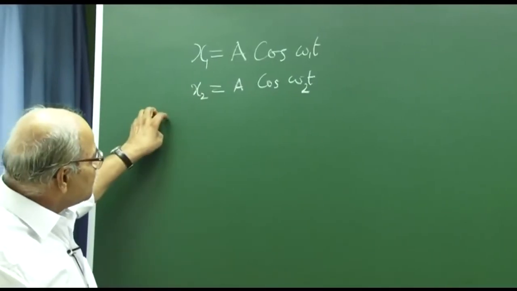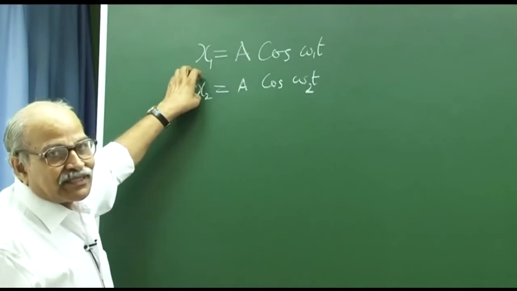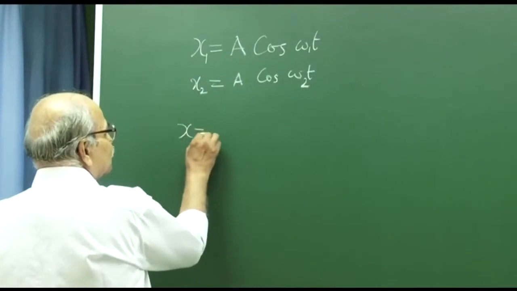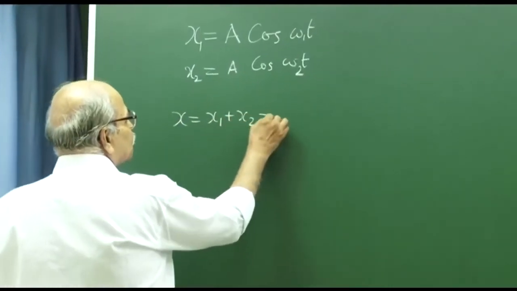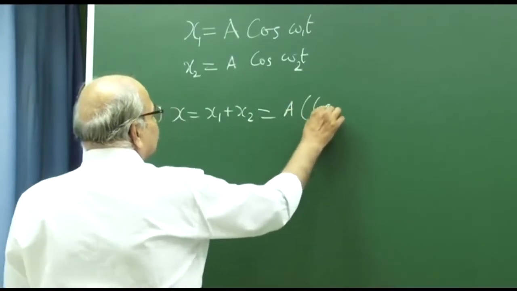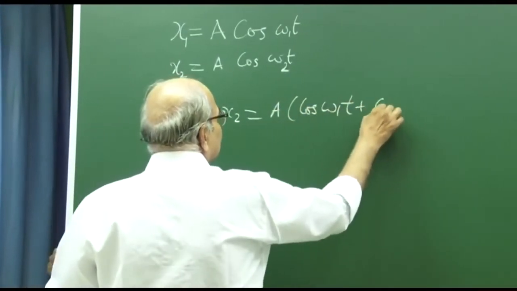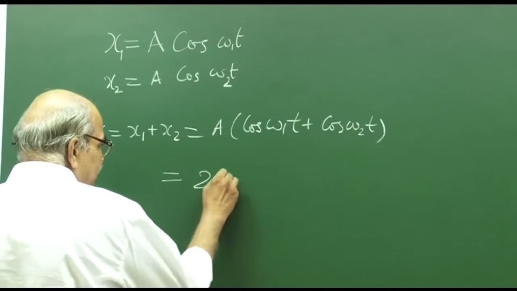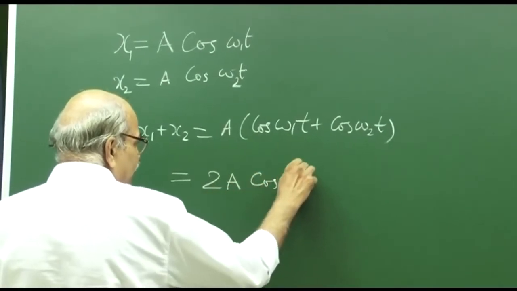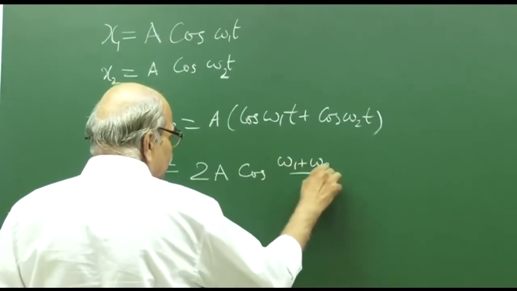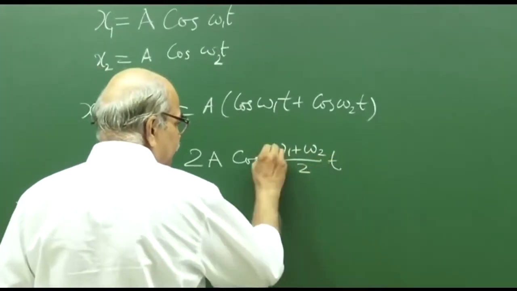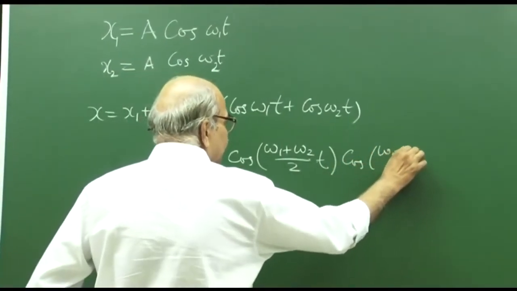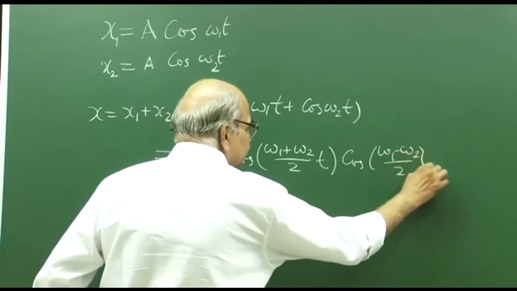If that object is given both these oscillations together, then it will have x, which is x1 plus x2, which will be a cos of omega 1 t plus cos of omega 2 t, and that will be 2a cos((omega 1 plus omega 2)/2 t) and cos((omega 1 minus omega 2)/2 t).